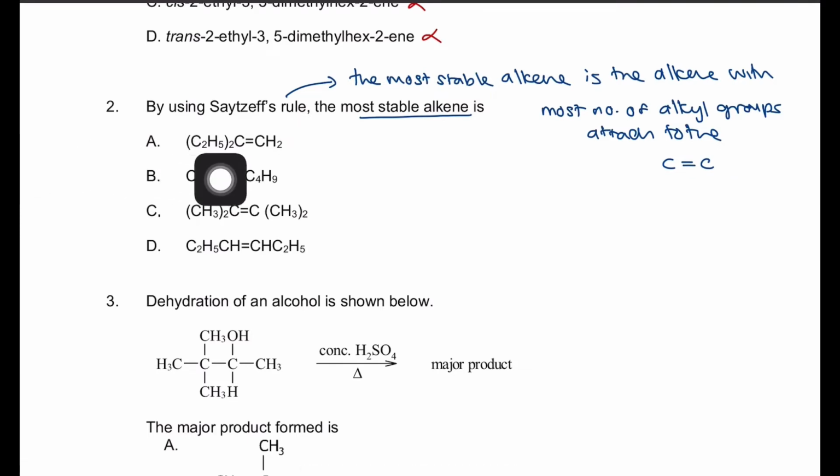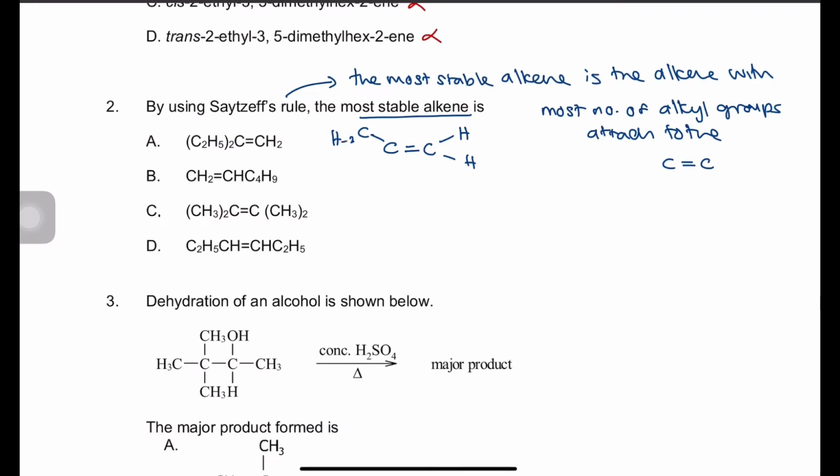So if you are unable to see through these condensed formulas, I suggest you draw them out. So option A would give us a structure that looks like this. Sorry, let me correct that a bit.